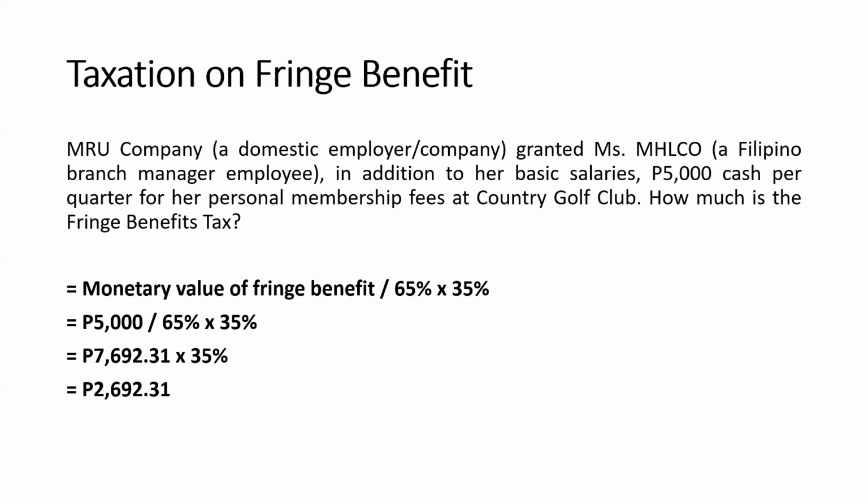So sir, we can just subtract 5,000 from 7,692. Same answer. Yes, you can, right? It is up to you, whether you multiply the GMV by 35% or just subtract the actual monetary value from the GMV to get the fringe benefit tax.